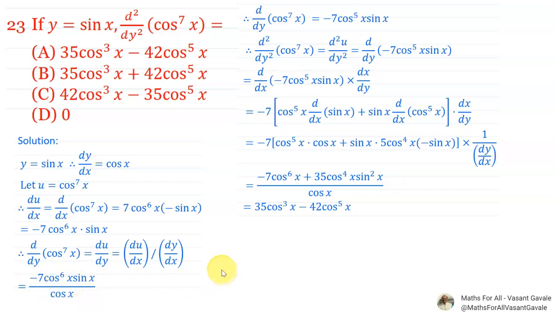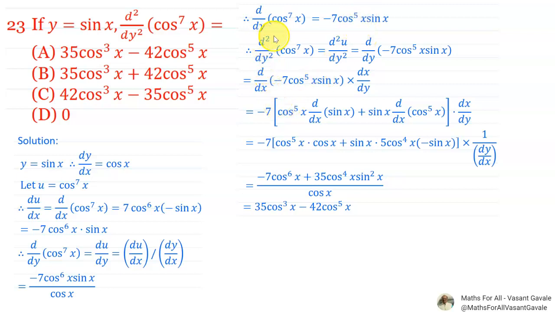Here we have used the chain rule. Therefore, du by dy of cos of x raised to 7 is nothing but minus 7 cos of x raised to 5 into sin x. Okay. And we divide it by dy by dx, so cos x gets cancelled.